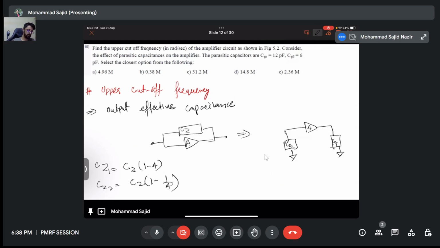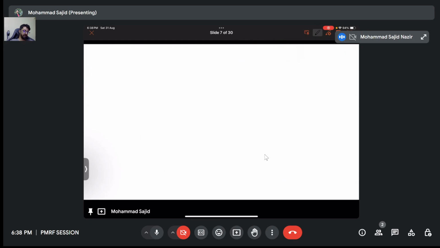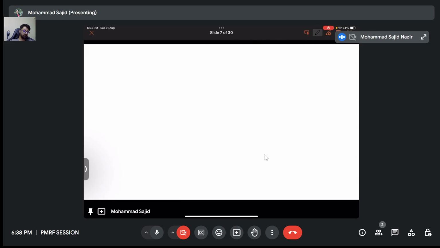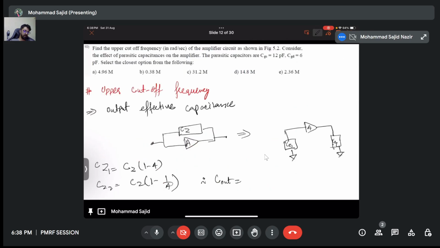So the output capacitance will be, therefore, C out effective. There is a capacitance CL, which will be in parallel with the capacitance we calculate. It will be CL plus CGD times (1 minus 1 by A).